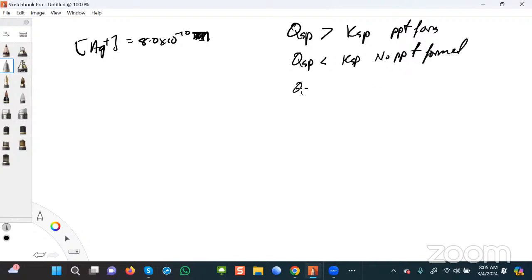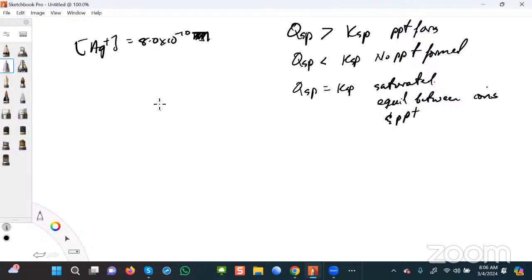And if QSP is equal to KSP, basically the solution is saturated. Or another way of saying it is that there's going to be equilibrium between the solid state and the aqueous state, between ions and precipitate.